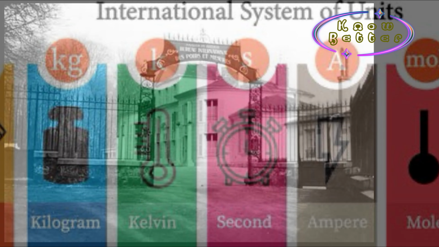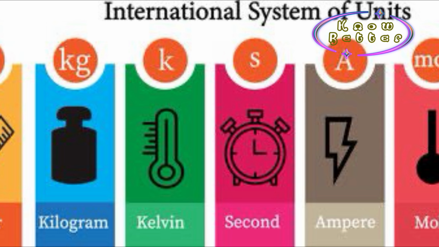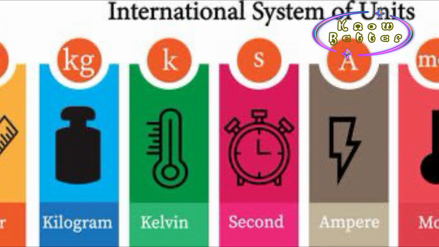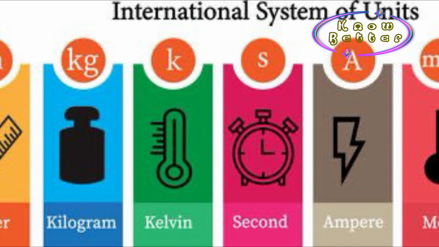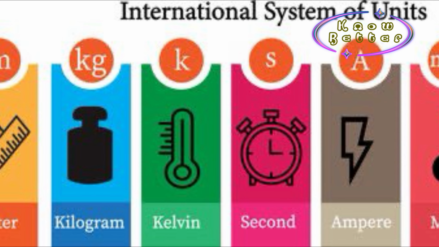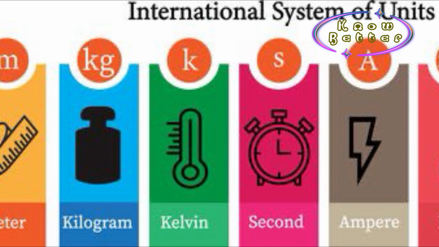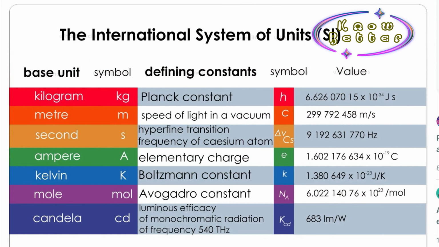The International System of Units chose 7 base units for the 7 base physical quantities, which are length, mass, time, electric current, temperature, luminous intensity, and amount of substance. Also, it is important to know that a physical quantity needs a reference standard, which is called a unit.